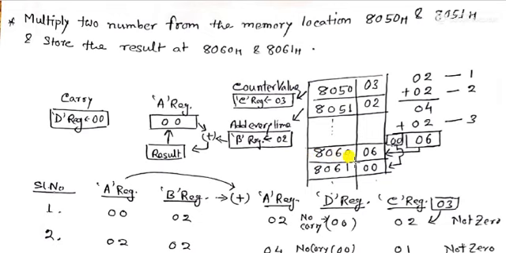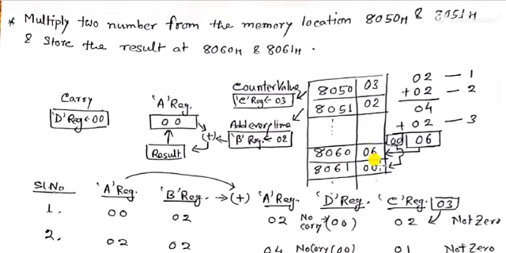Why 60 and 61? Because multiplying two 8-bit numbers, the result may be a 16-bit number. So if the number exceeds 8 bits, the extra part, that is the carry, is stored at 8061.